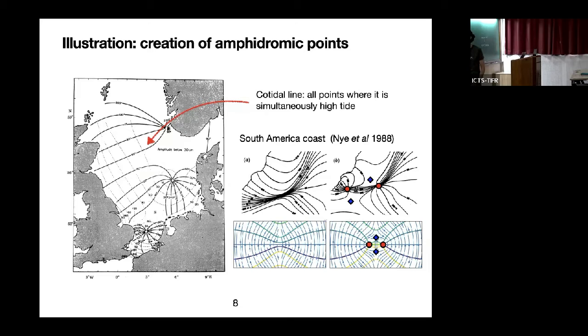It's easier to see it here. But that's the idea, that similarly to quantum fluids, as soon as you have some vortices, you also have some saddles. And it provides some nice explanation of how the tidal lines behave when you are close to amphidromic points.